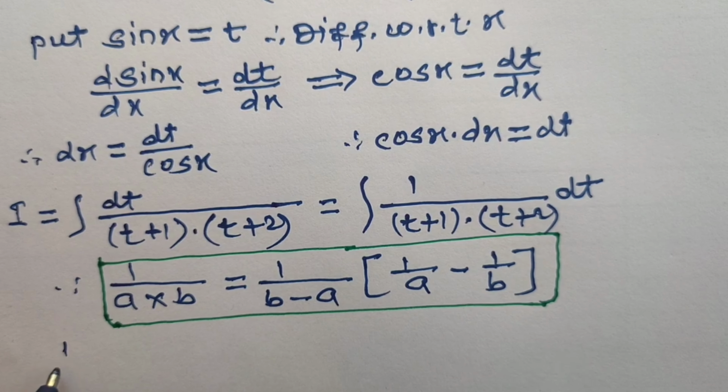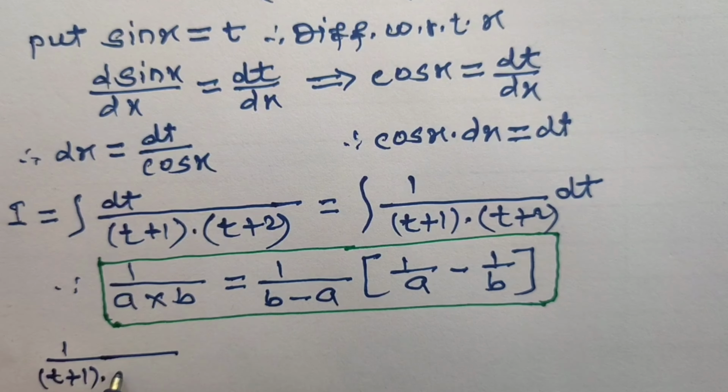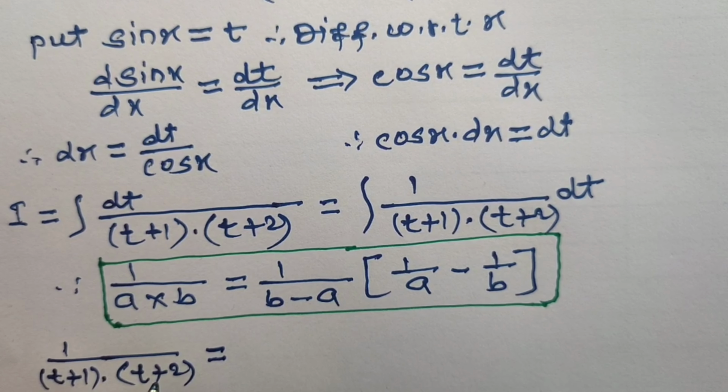Hence 1 upon (t + 1) into (t + 2) is equal to, suppose this is a and this is b.